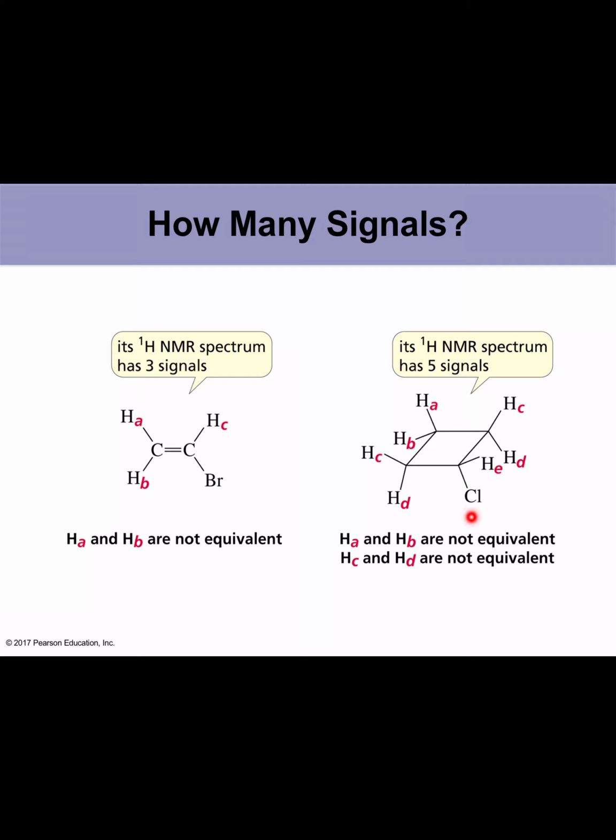Same on this one. Since you have chlorine, that will give you 5 different signals. A and B are not equivalent, and C and D are not equivalent either. But D here and D here are going to be the same, and C is going to be the same, and these two are going to be different. That gives us a total of 5 signals.